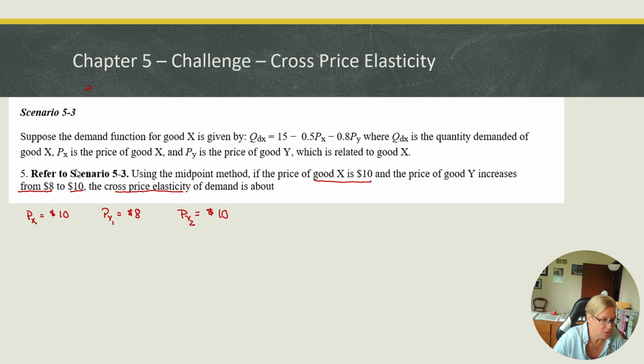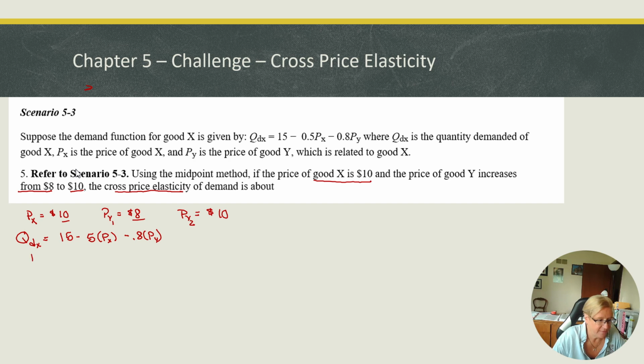First step, the quantity demanded of X is equal to 15 minus 0.5 price of good X minus 0.8 price of good Y. The price of good X is $10, and the price of good Y we're going to keep at its first one, which is $8.